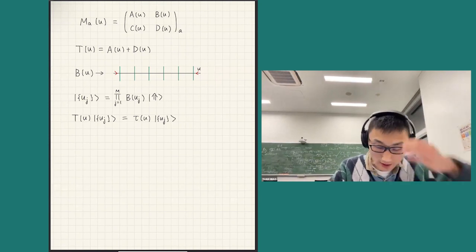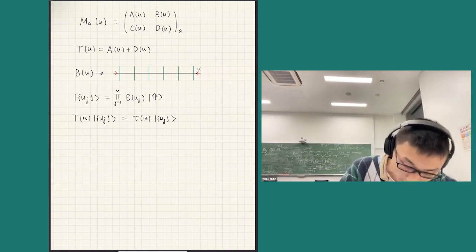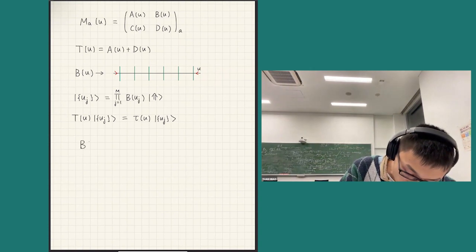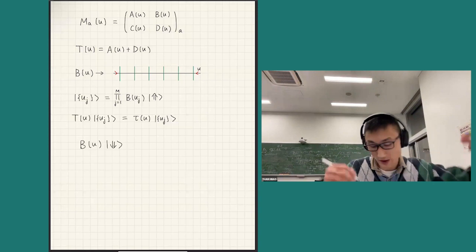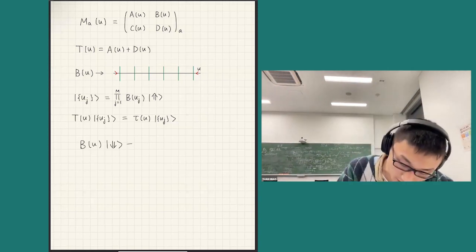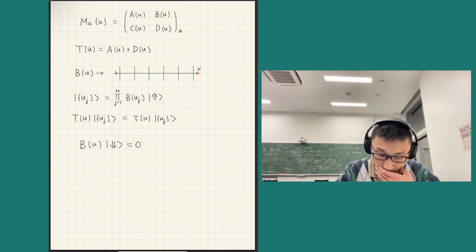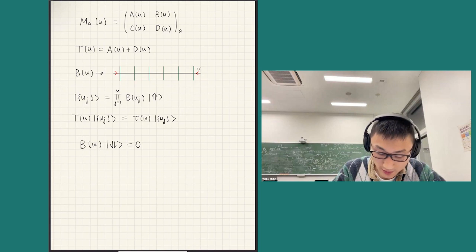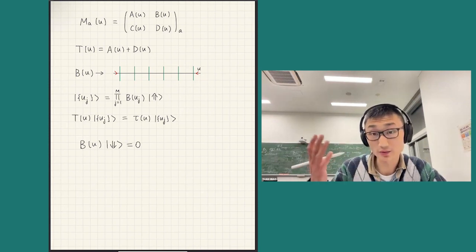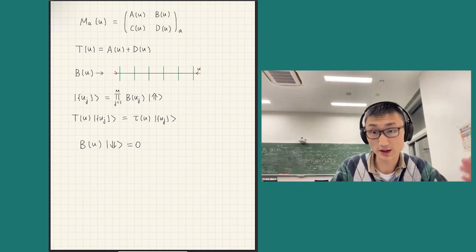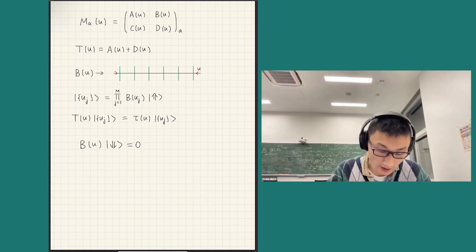And one interesting fact is that the B operator acting on the all-downspin state equals 0. So this B operator is more like a creation operator in some sense. You can think of it as some kind of creation operator.